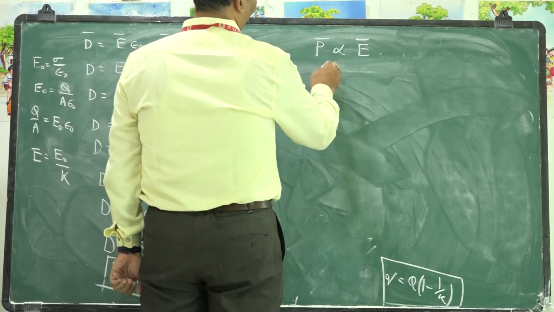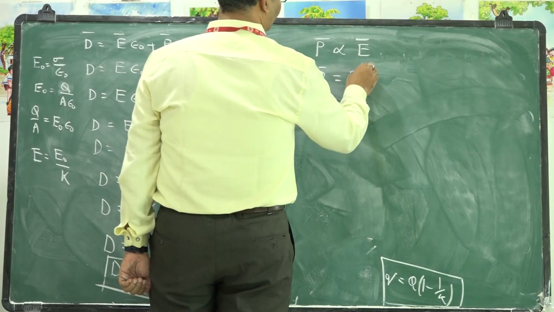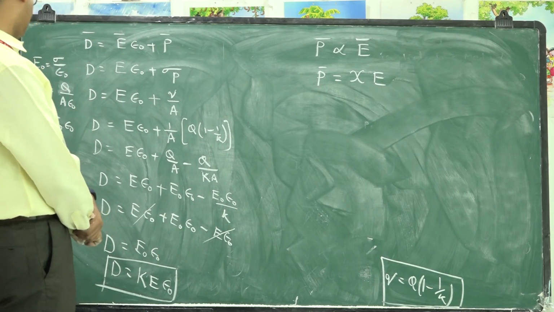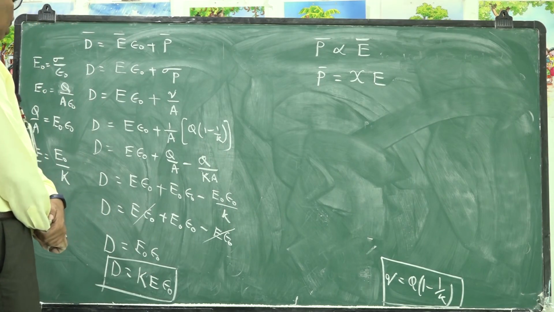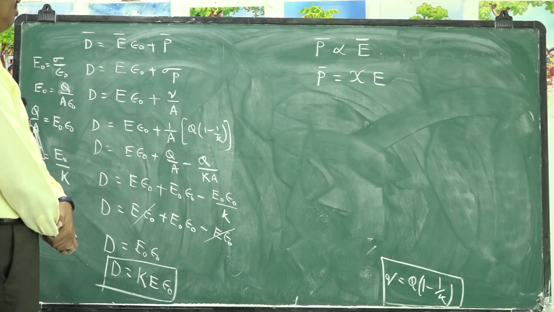Polarization vector is equal to some constant chi into the net electric field.